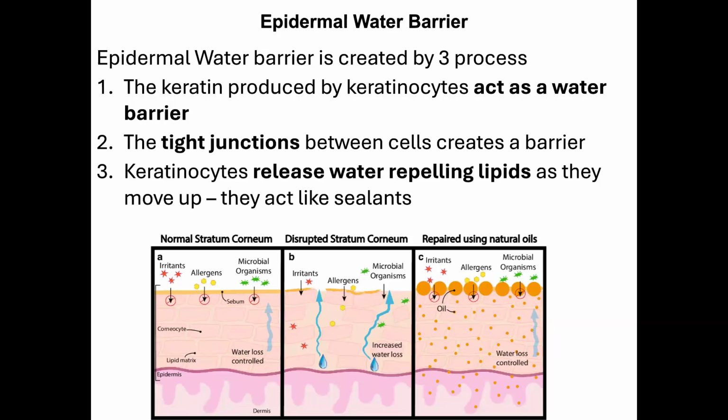And the third one is that the keratinocytes release a sort of sealant, which is actually a water repelling lipid. And this is like a structure which is sealed. So this water repelling sealant produced by the keratinocytes is another factor. And that's a major factor which prevents you from getting dehydrated.